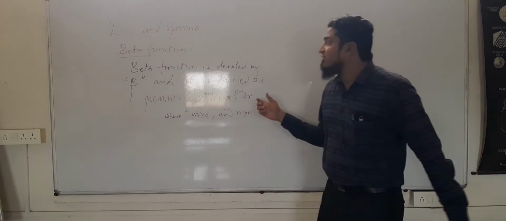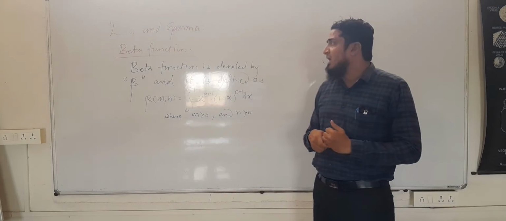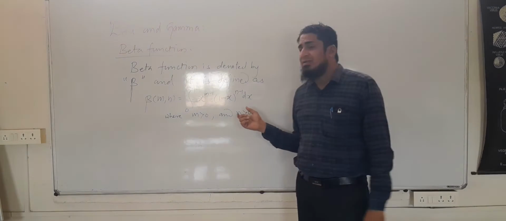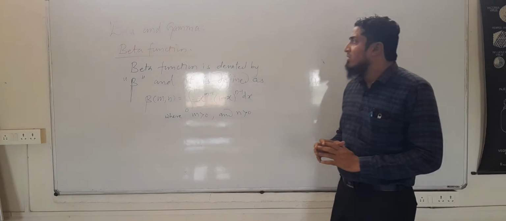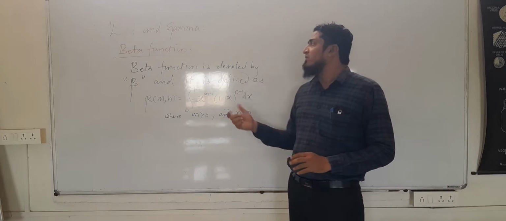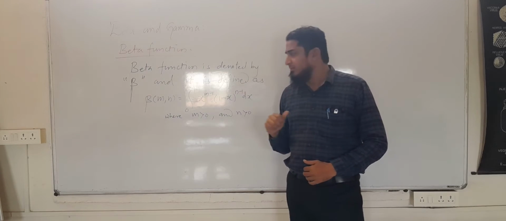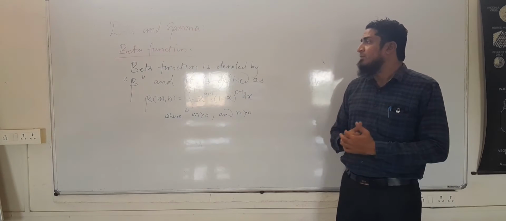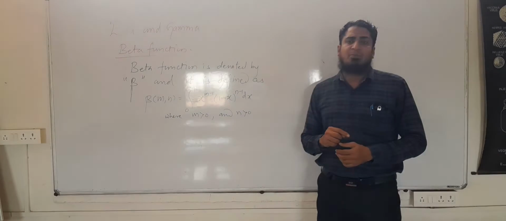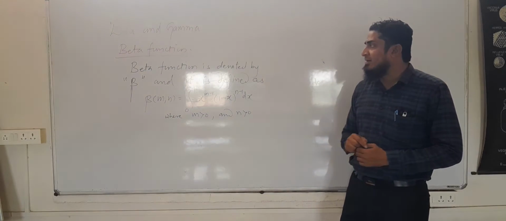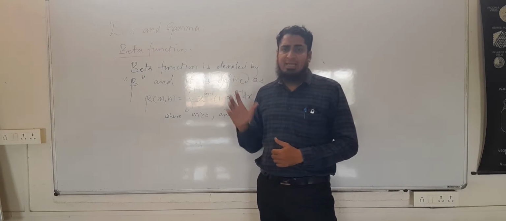The application of beta function, I have already told you that we can associate input and output of a particular graph with the help of beta and gamma function, and we can solve scattering amplitude with the help of beta and gamma function.